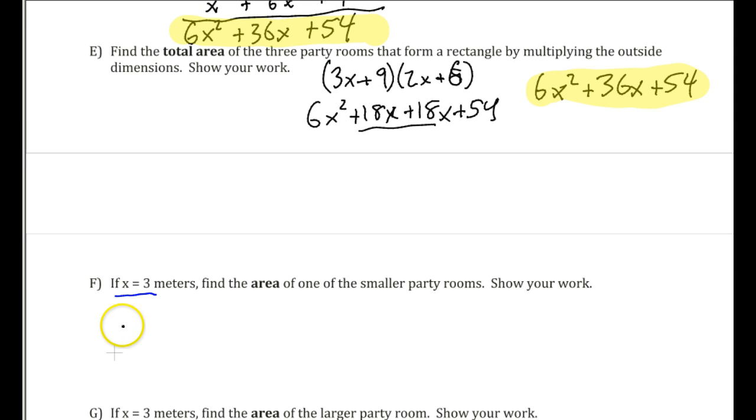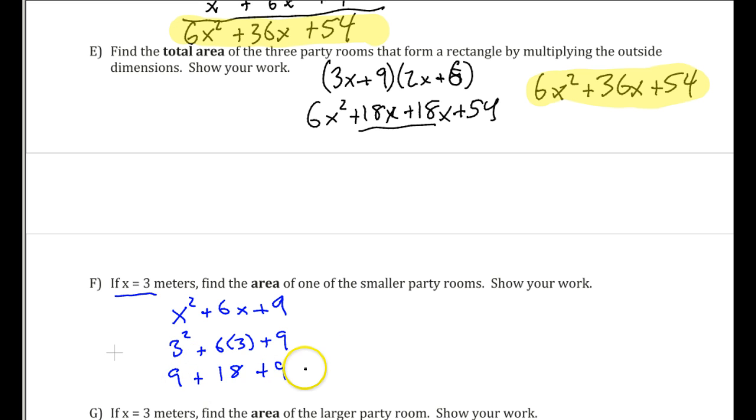They say, well, plug in x equals 3 for one of the small rooms. What do you get? So the area of one of the small rooms is what they gave you originally. X squared plus 6x plus 9. So if you plug in 3 to that, you end up with 9 plus 18 plus 9, which equals 36.